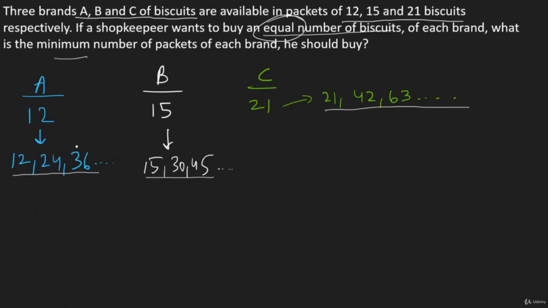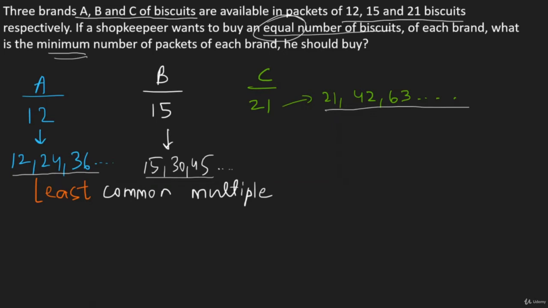We have seen that this is multiples of 12, this is multiples of 15, and this is multiples of 21. Therefore, we are looking at finding a common multiple of 12, 15, and 21. Now, given that he wants to buy the minimum number of packets, we need to find the least common multiple, because if we find a higher common multiple, he'll have to buy more packets.